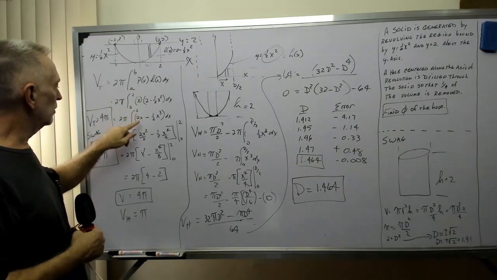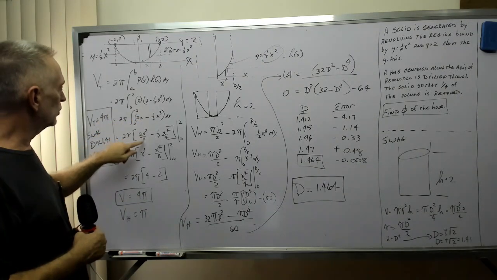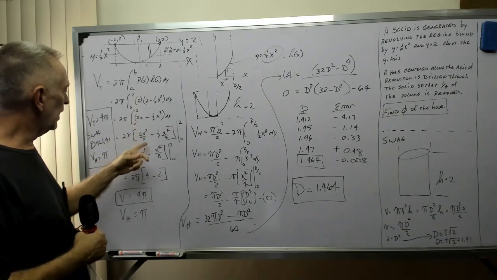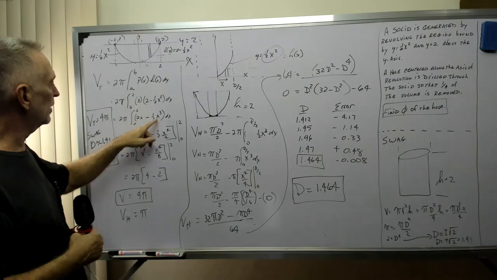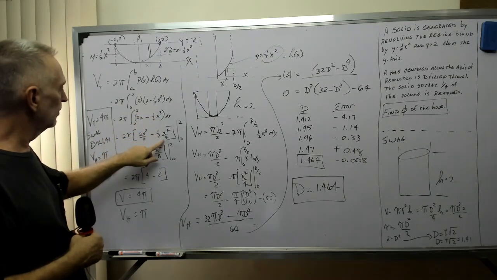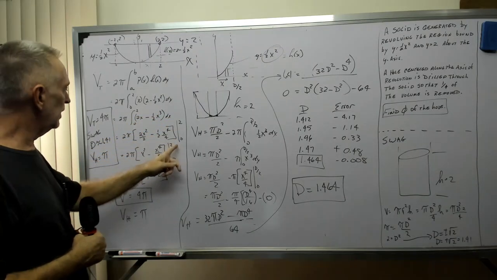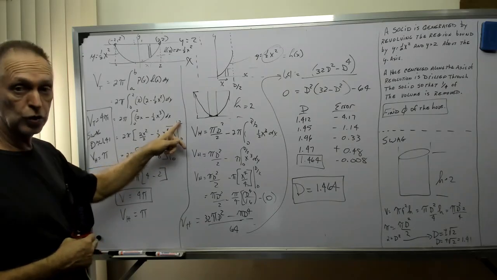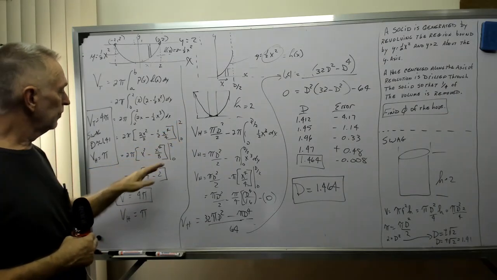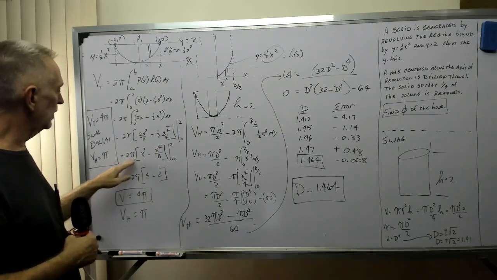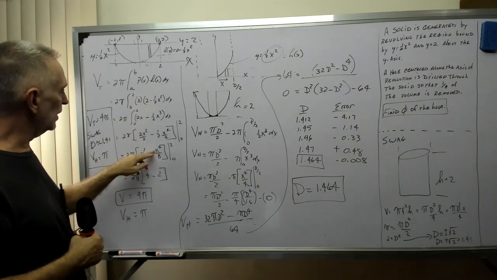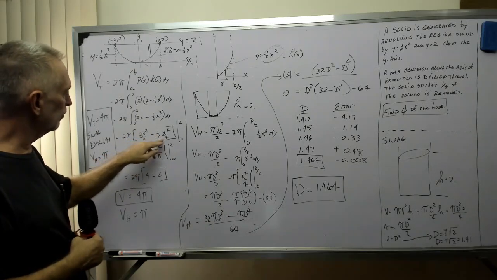So now let's integrate. This will be x squared over 2, times that 2, those would cancel, minus 1/2 times x to the 4th over 4. And all of that's going to be from 0 to 2. Now I have 2 pi times x squared minus x to the 4th over 8.